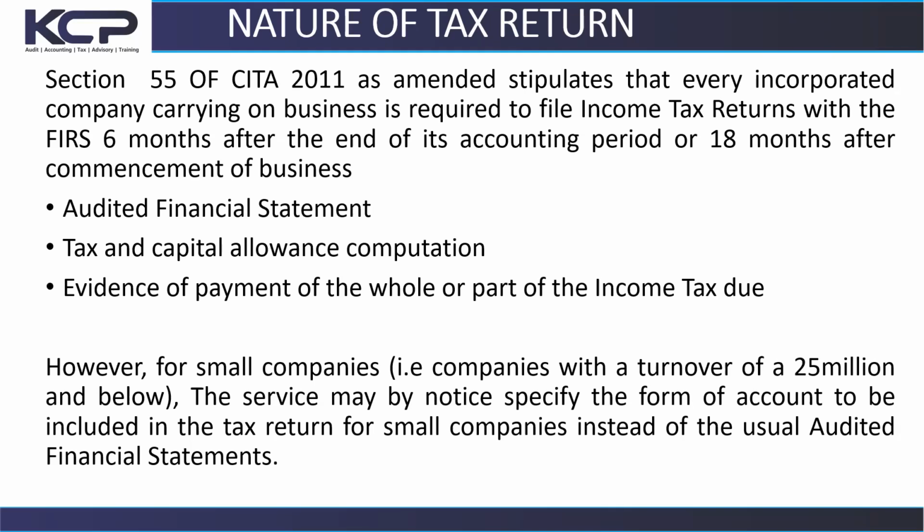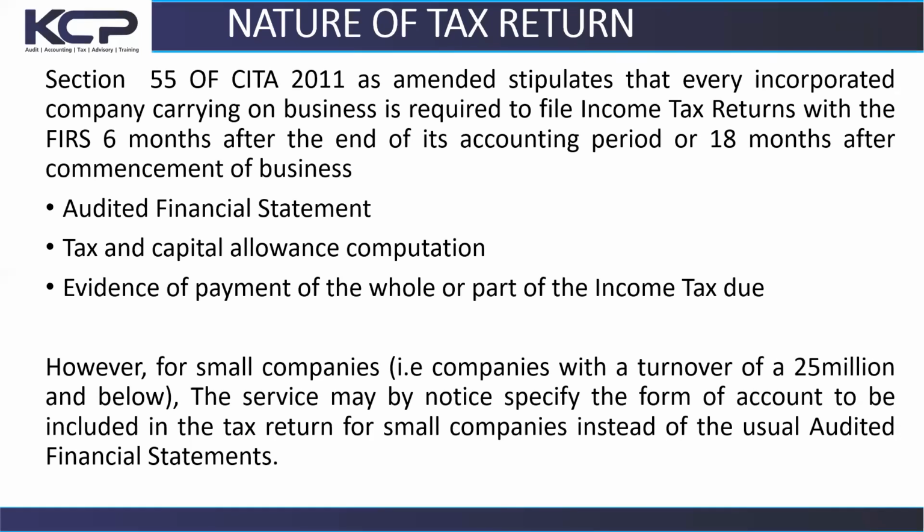Section 55 goes further to recognize three different unique peculiarities of business: businesses that are just newly incorporated, businesses that have been in operation for a while, and those who cease operations, right? So it says that if your business has just commenced, when are you expected to file the company income tax returns?